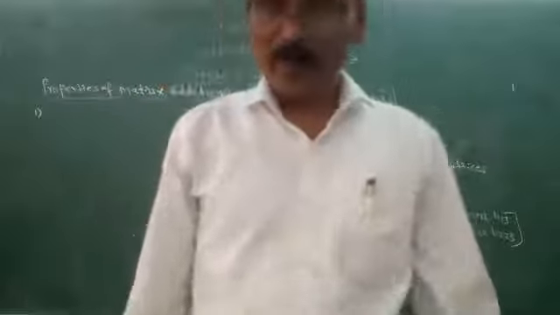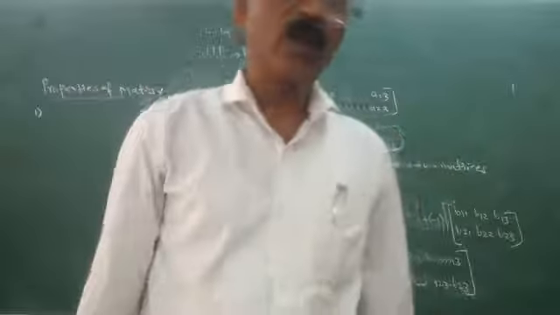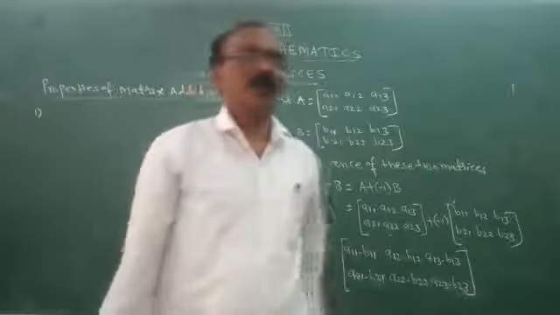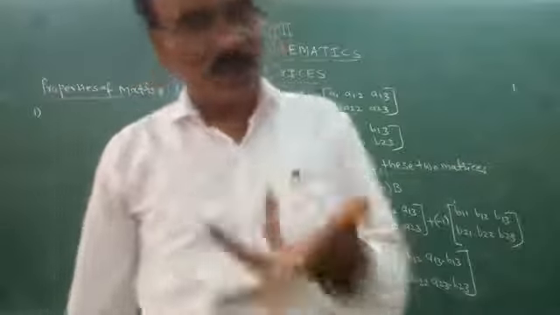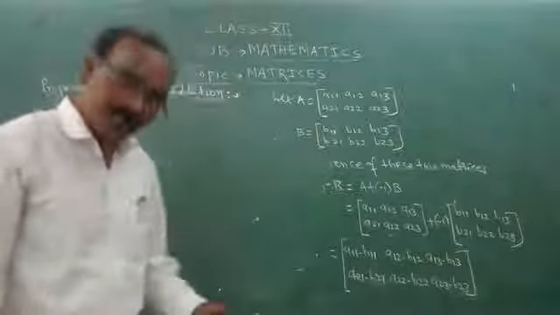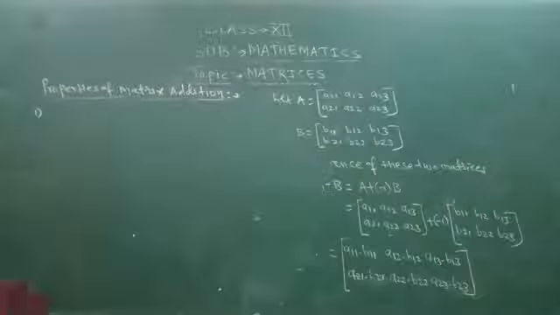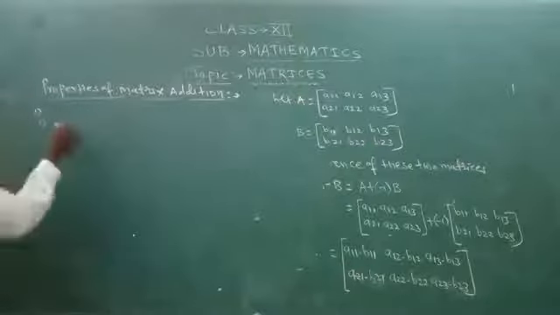Means here in the case of addition of two matrices also it is commutative. So if A plus B is the addition of two matrices, then B plus A also gives me the same matrix. So it is commutative. So number one is commutative law.